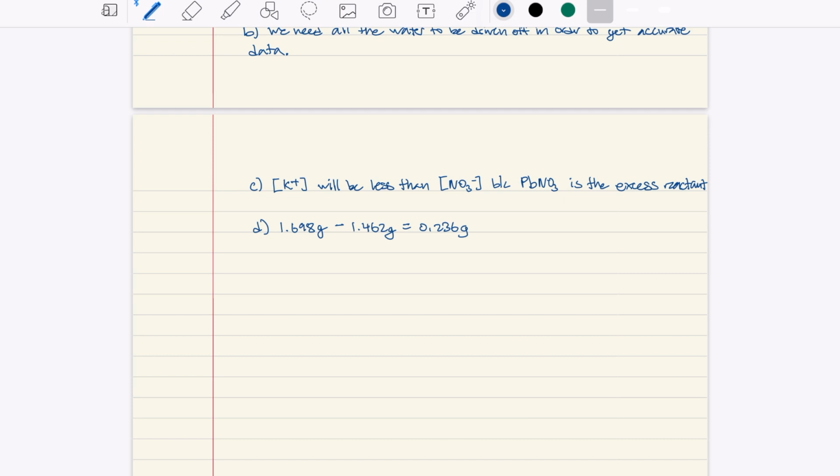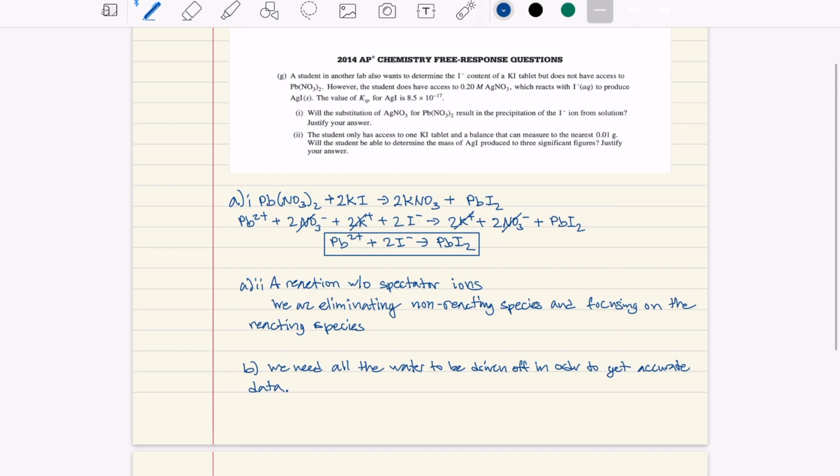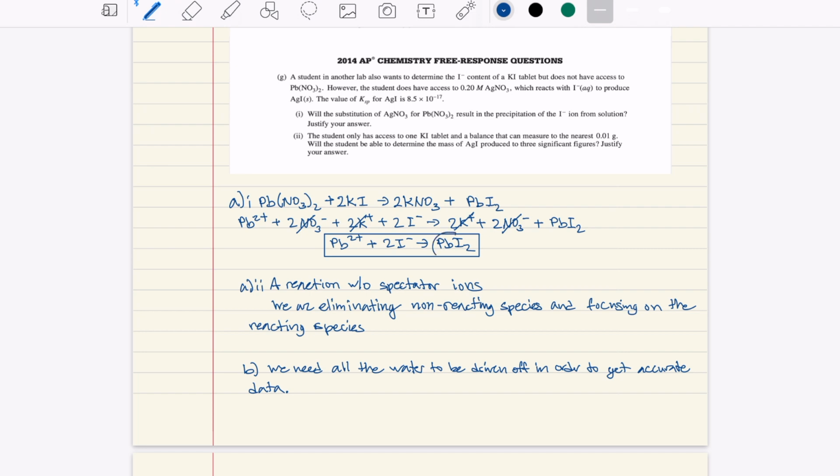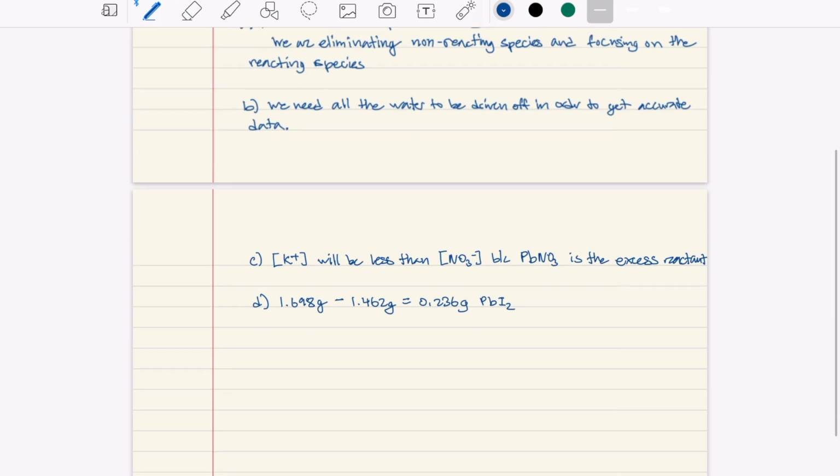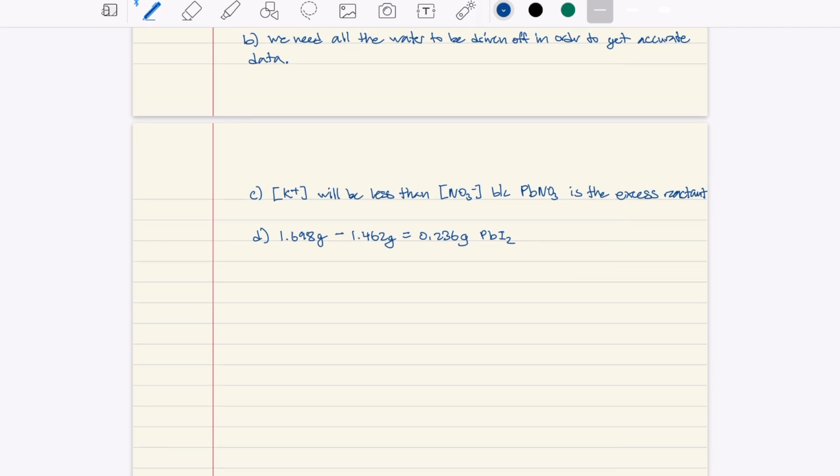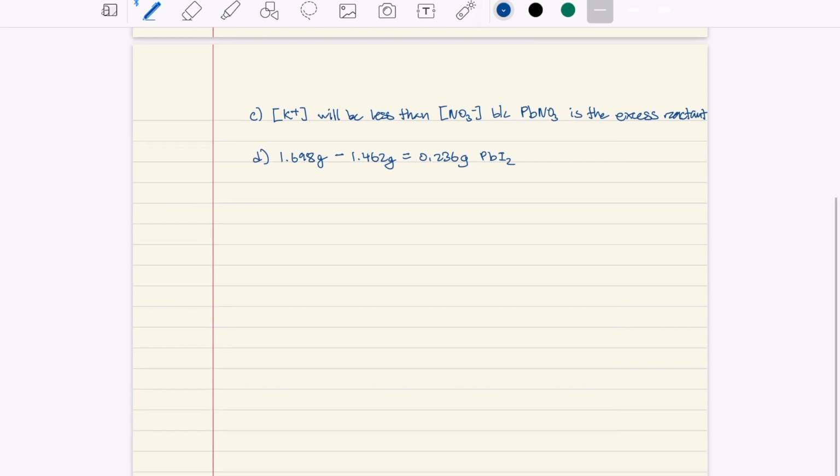0.236 grams. And remember, our precipitate is PbI2, as determined in part A from our net ionic equation. But that's not what the question is asking. The question isn't asking the grams of PbI2, it's asking the moles of PbI2. So we need to do some dimensional analysis.